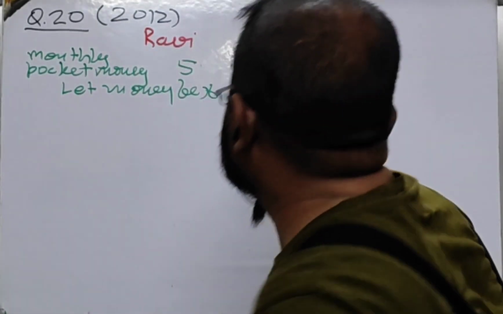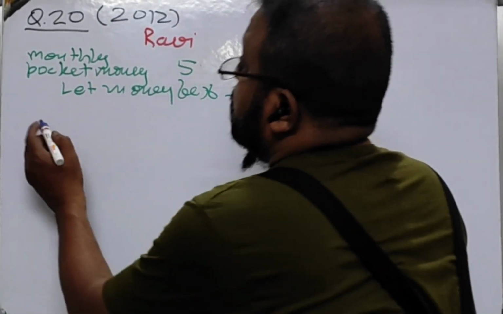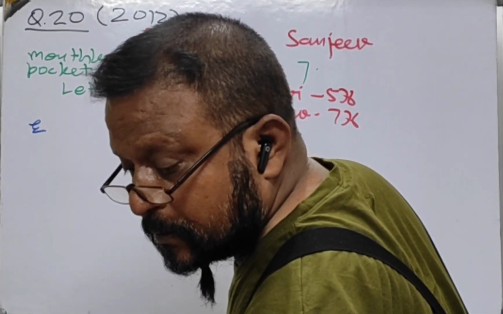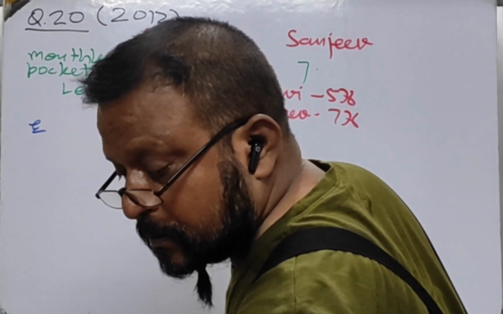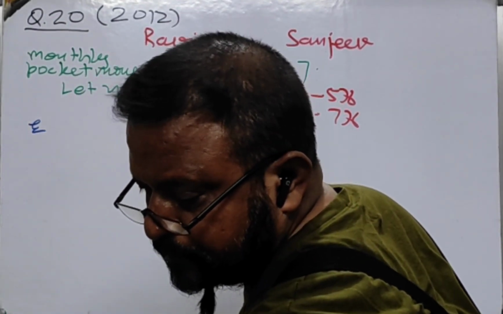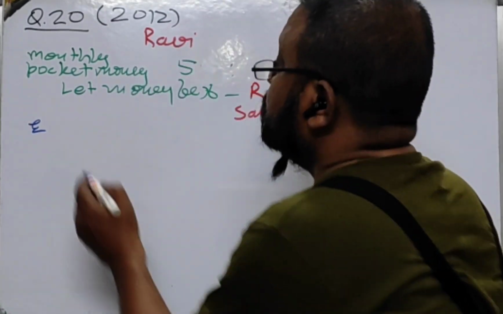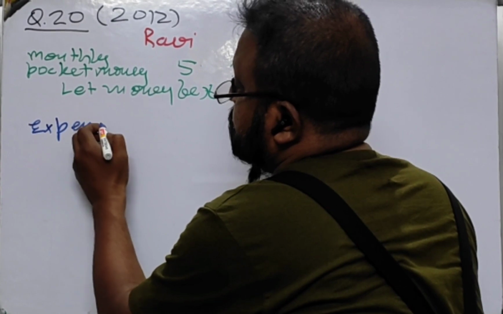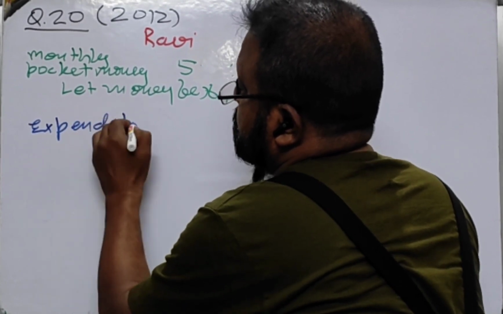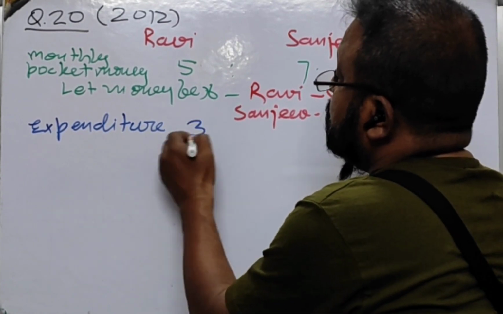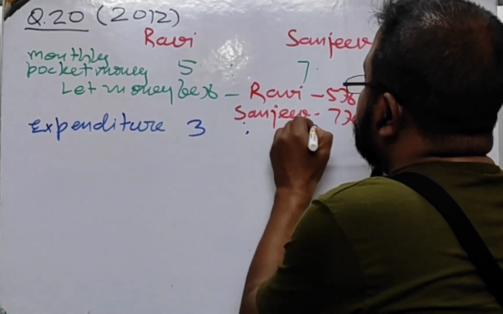Yes, their expenditures are in the ratio 3:5.